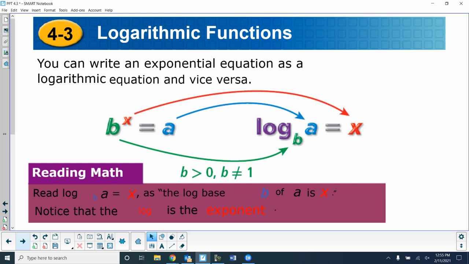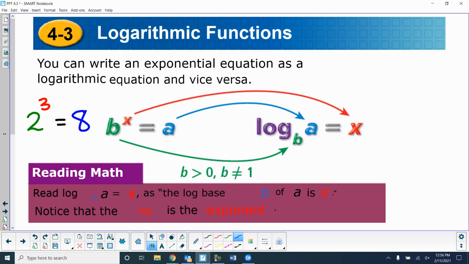So if we go back to that very first example, we're saying 2 is the base, 3 is the exponent, equals the number, which we know is 8. So there's our exponential problem. All right.